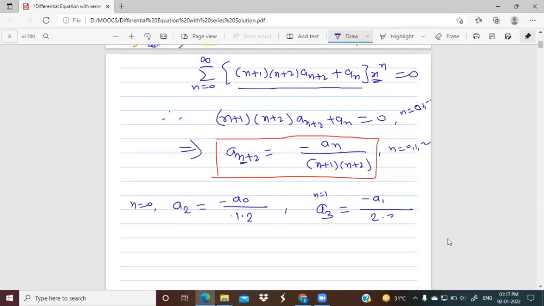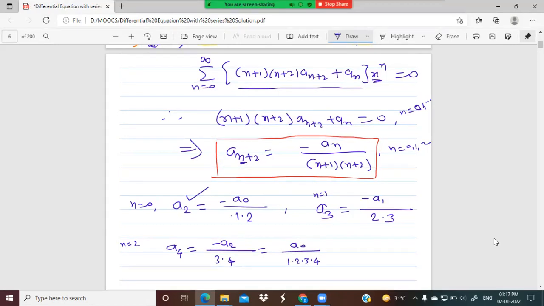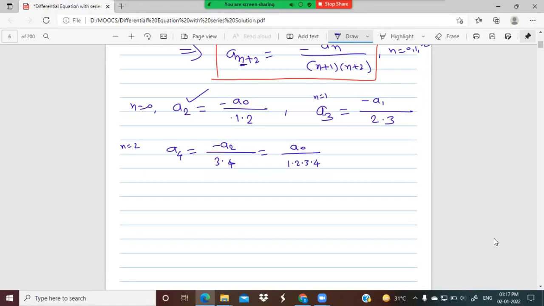Now I will put n equal to 2. We are getting a4 equal to minus a2 divided by 3 into 4. But what is a2? We have this value, therefore this becomes minus times minus, plus, a0 divided by 1 into 2 into 3 into 4. In a similar way, I will find out a5.